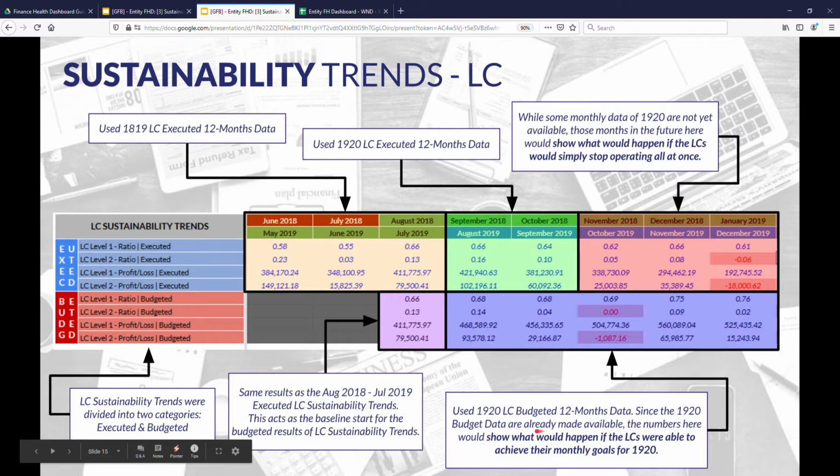Since all of the data is already available, the numbers here show what would happen if the LCs were actually able to achieve their monthly goals for 1920. So you can already foresee the projected sustainability results ahead of time, while your 1920 executed is still in progress.